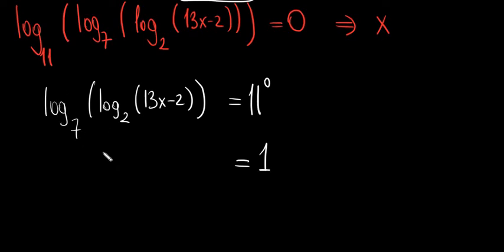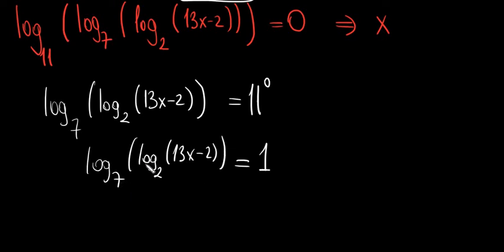And so that's going to be log base 7 of log base 2 of 13x minus 2. And now I have to find the value of this expression. So log base 2 of 13x minus 2 is going to be 7 to the power of 1.